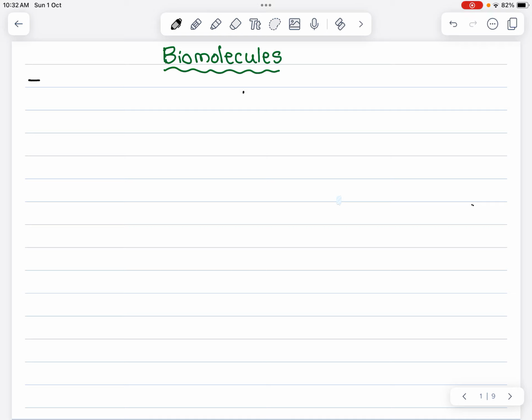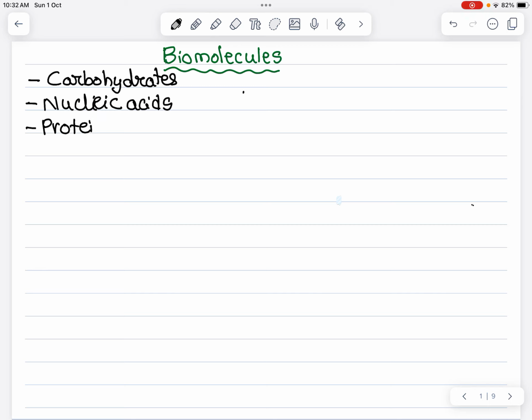They are carbohydrates, nucleic acids, proteins, and lipids. These are the four major biomolecules involved in the biological processes.